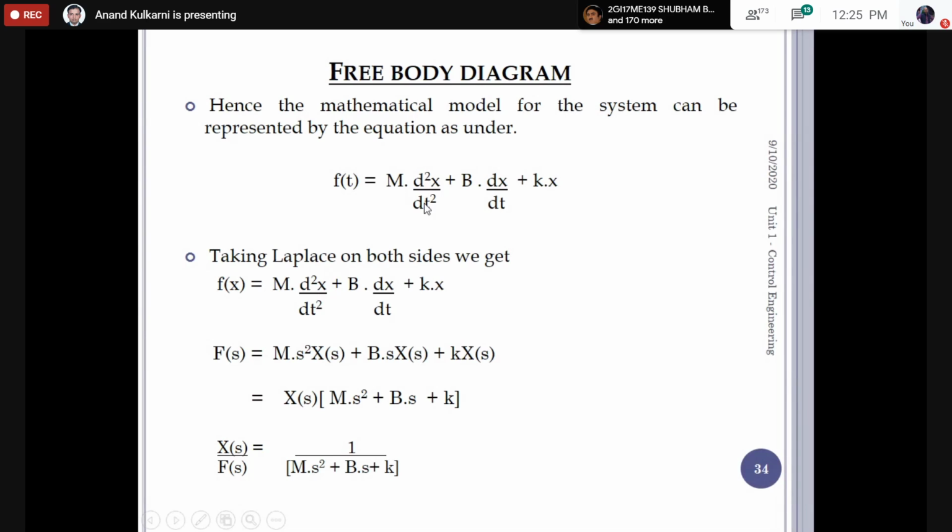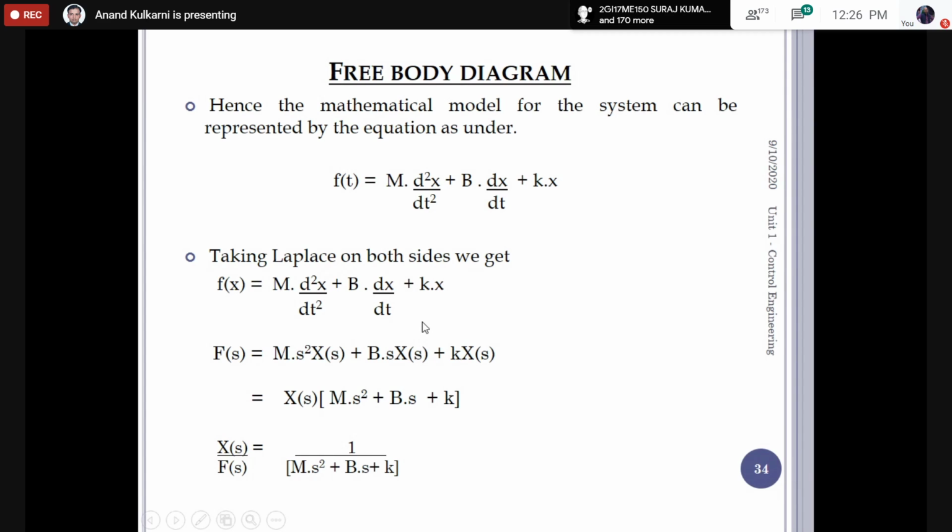This is m d square x by dt square, b into dx by dt, plus k into x. So this is the equation: f of t is equal to m into d square x by dt square plus b into dx by dt plus k into x. Now you have to take the Laplace transform.